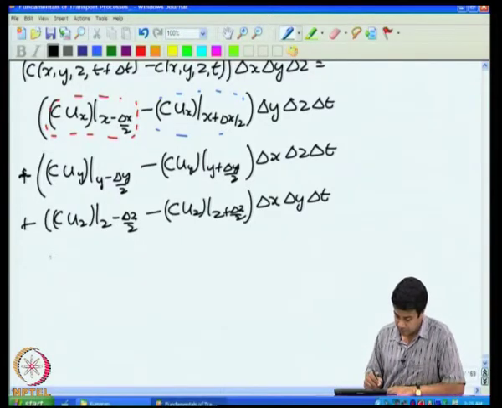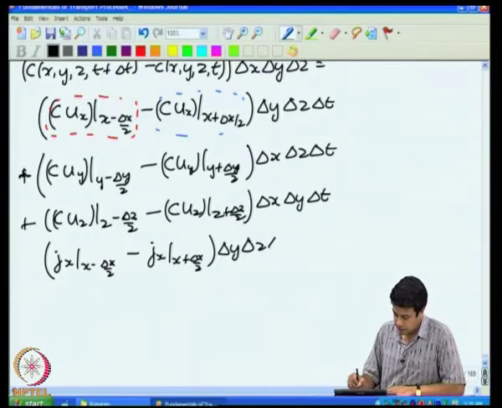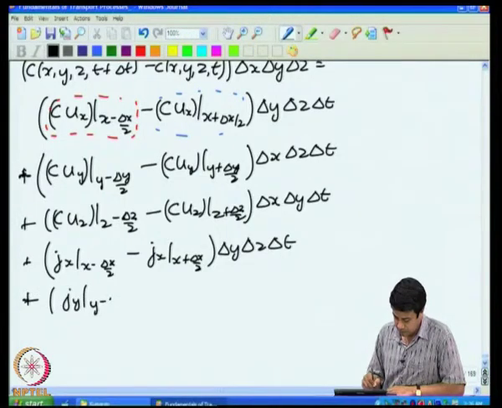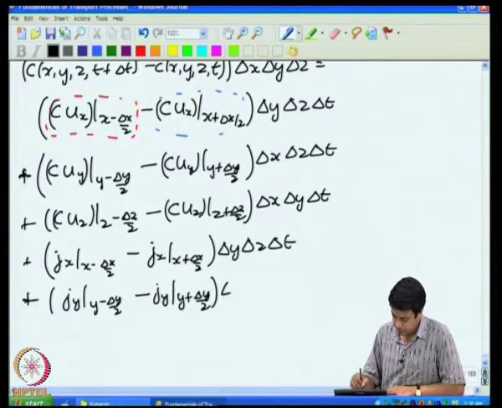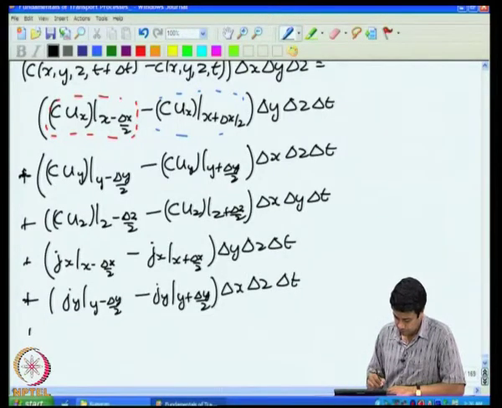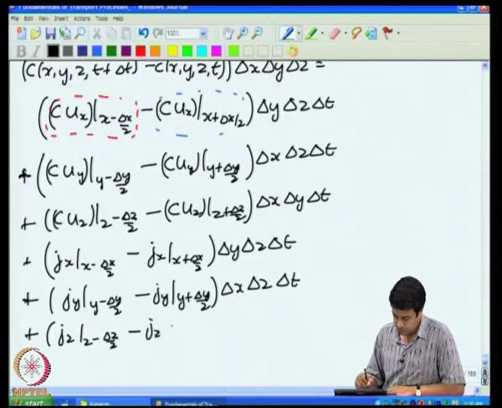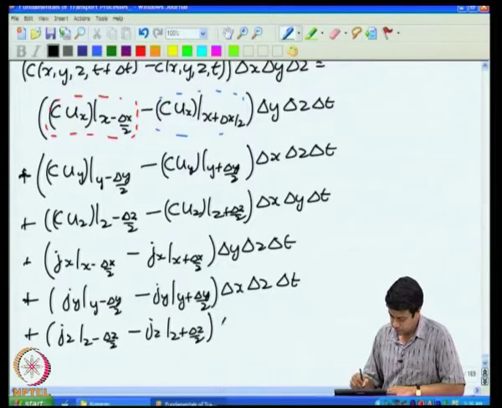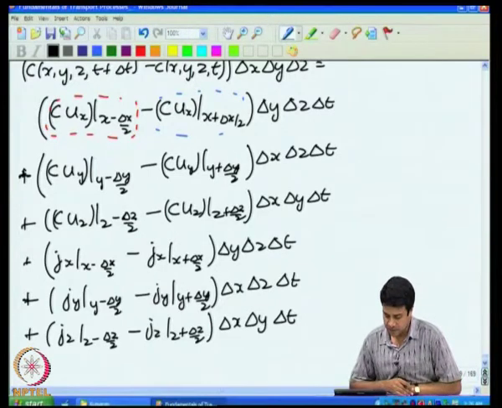Okay. So, that diffusive contribution is J x at x minus delta x by 2 minus J x at x plus delta x by 2 delta y, delta z, delta t plus J y at Okay, so, this is the final expression for all of the masses coming in, going out.